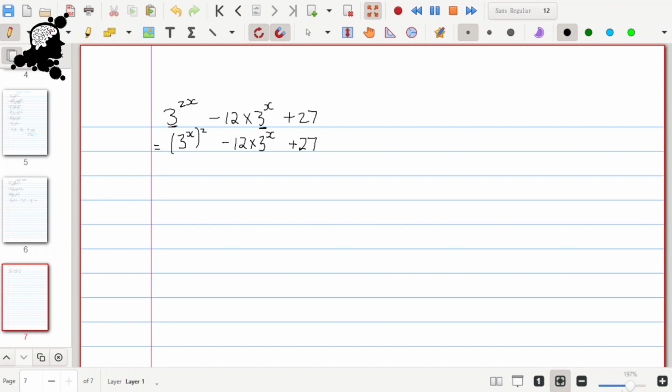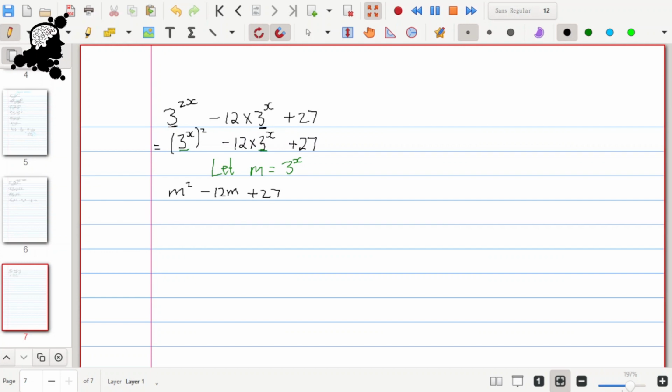If you get to this point, you will notice that we've got 3 to the power x here, we've got 3 to the power x here. To simplify my life, I'm going to assign a variable. Let's call it m, and we're going to set this equal to 3 to the power x. So this is going to be m squared minus 12m plus 27.